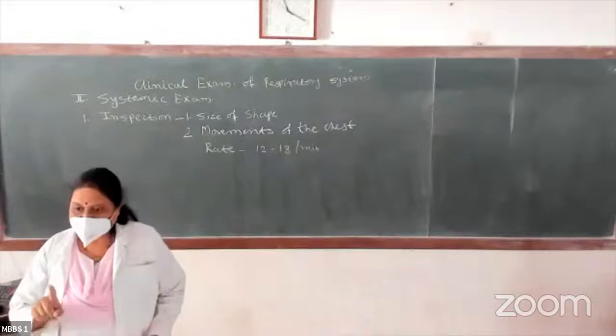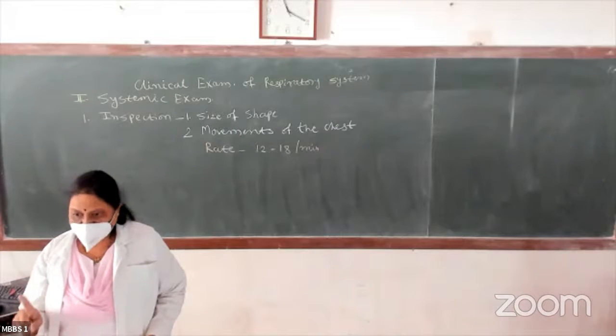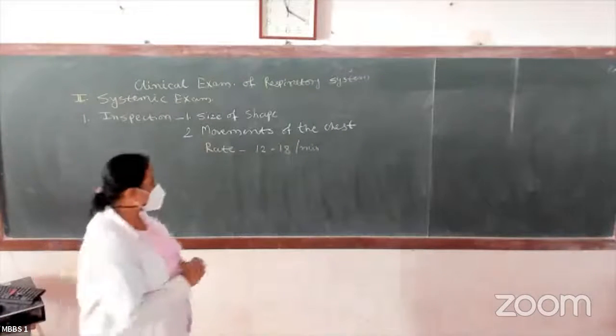Inspiration, expiration 1. Inspiration, expiration 2. Like this, count for 1 minute. Normal is 12 to 18 per minute, and the rhythm is regular.